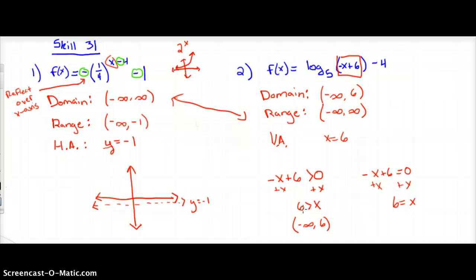Just because the 6 is on the left side of this inequality does not mean it belongs on the left side of interval notation. 6 is greater than x, which means it should be the largest number in this interval. And we're always going to put the largest number on the right side of the interval. Alright, that's skill 31. Finding logarithms and exponential functions, domain, range, and asymptotes.